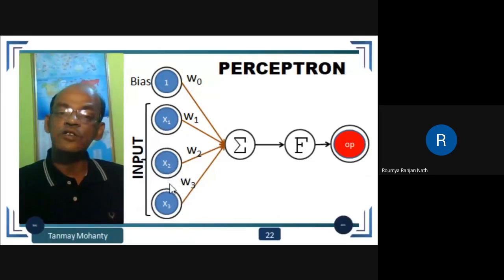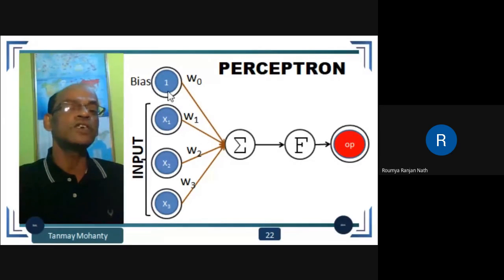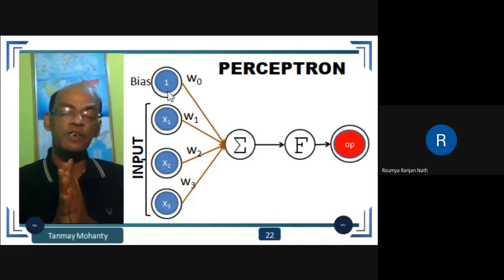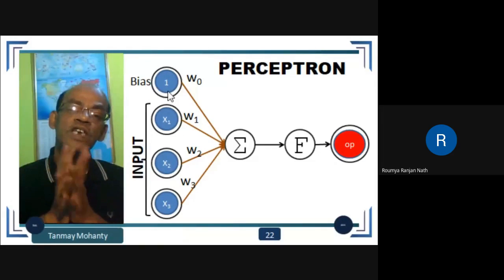X1, X2, X3. We are giving weightage to our input: W1 X1 plus W2 X2 plus W3 X3. There is a summation of W1 X1, W2 X2 and W3 X3. Further, we need to add a bias of known quantity with a known weightage. What is the use of this, we shall have a better idea when we develop a real model.